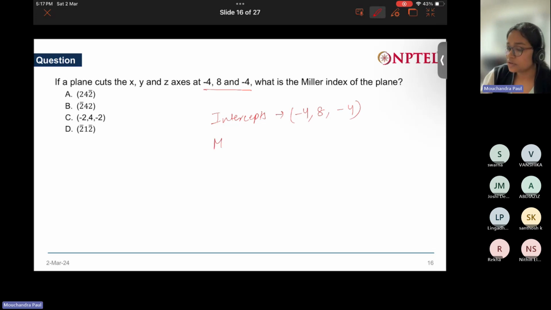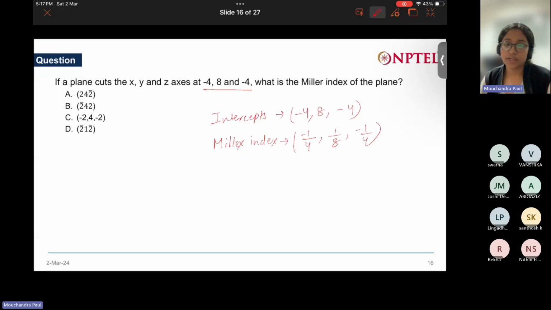So what will you do? You will take its reciprocal first. It will come out to -1/4, 1/8, 1/4. Now tell me quickly, can the Miller index be a fraction? No. So we have to make it into whole integers.